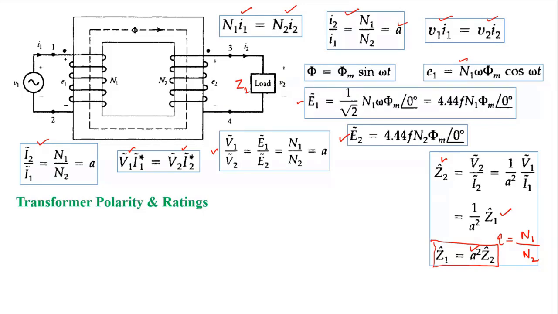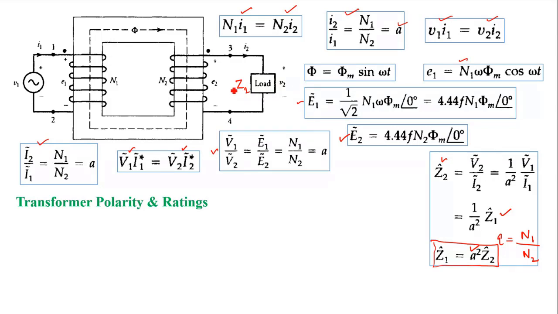So either of the windings can be made primary or secondary based on the connection. Where you connect the input, that will become the primary winding, and where you connect the load, that will be known as the secondary winding, right?